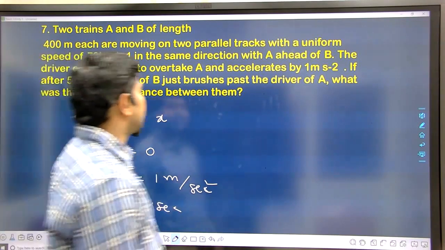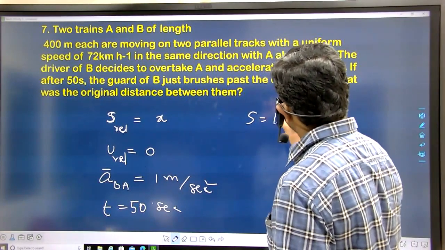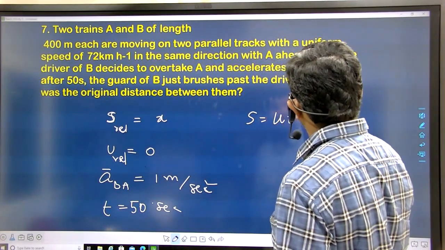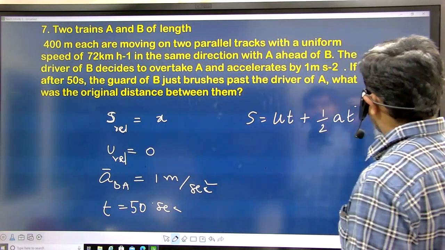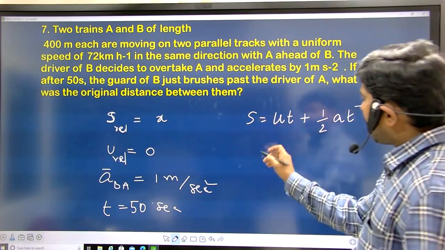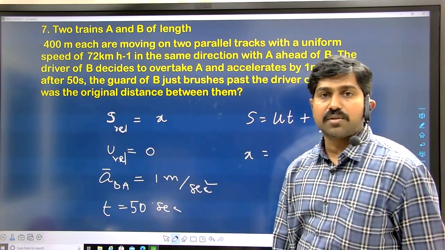Now, which formula can we use here? Simply we can use S equal to ut plus half at square. S value, that relative distance only you have to calculate, and of course u relative is equal to 0.